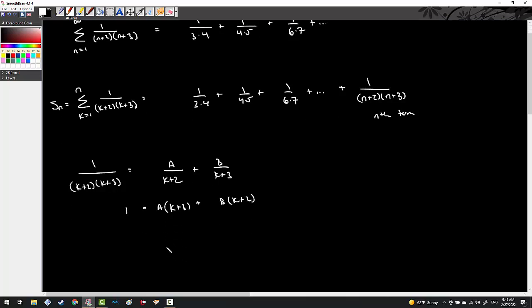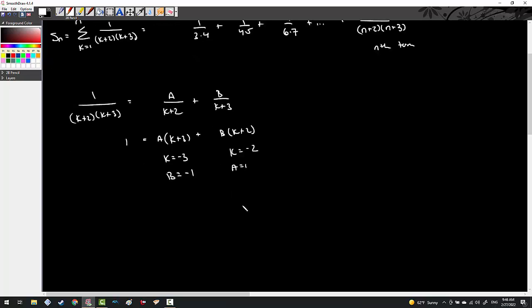So if I let k equal negative 3, that's going to go away here, but b will equal negative 1. If I let k equal negative 2, well, that guy's going to go away, and I end up with a equaling 1.